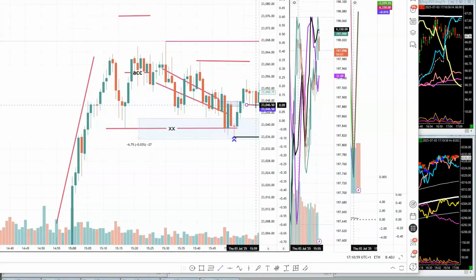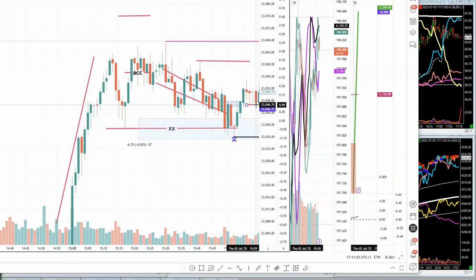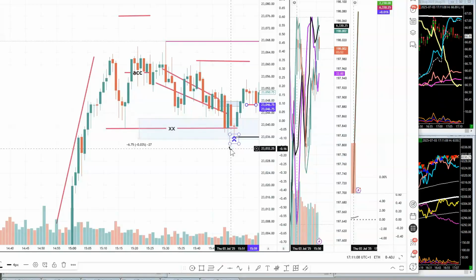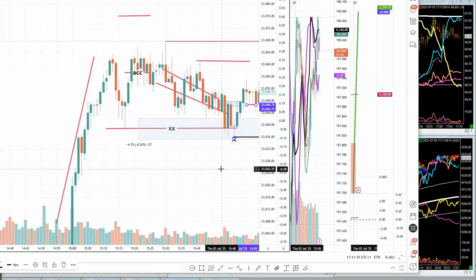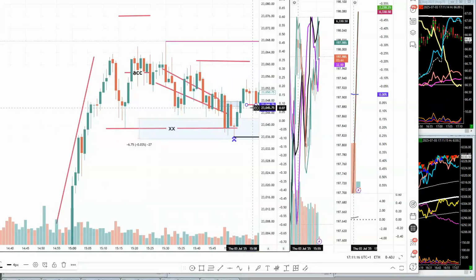Is this a really strong sign? A really strong sign, right? We should be able to at least test the prior swing high, because this is the first time we've seen a higher held bid now, isn't it?